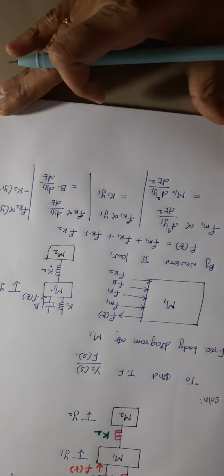When you take the Laplace transformation, the force f(t) becomes F(s). So F(s) equals m1 s² Y1(s) plus k1 Y1(s) plus b s Y1(s), and again this becomes k2 times (Y1(s) minus Y2(s)).